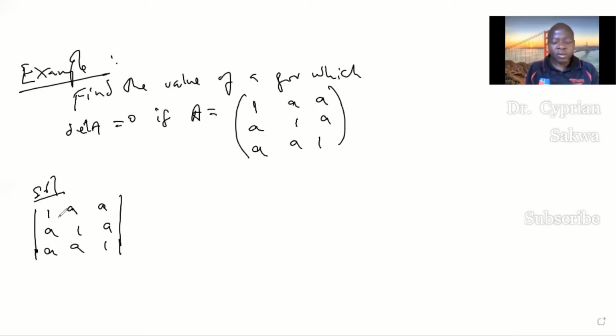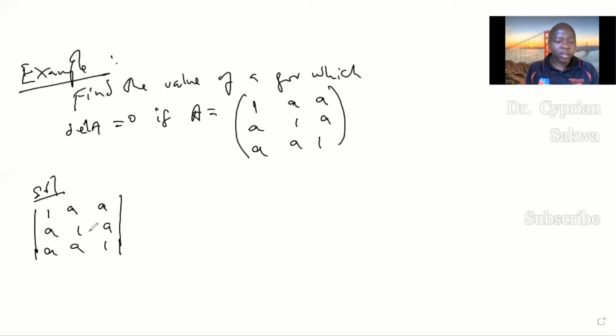When we introduce zeros, it becomes easy for us to determine the determinant along either a row or a column. I want to create a 0 in this position and a 0 in this position, so that this one is the only non-zero element in column 1.